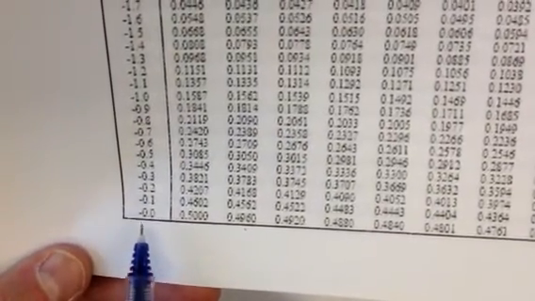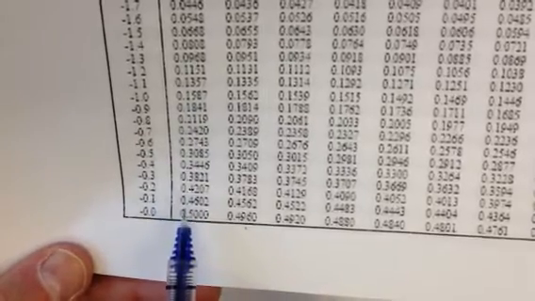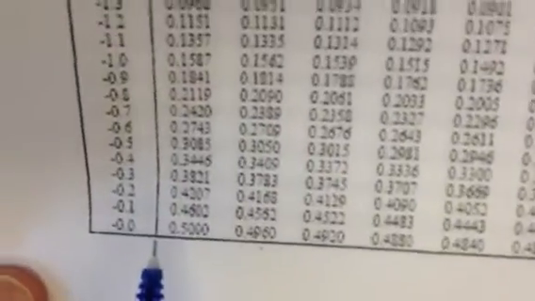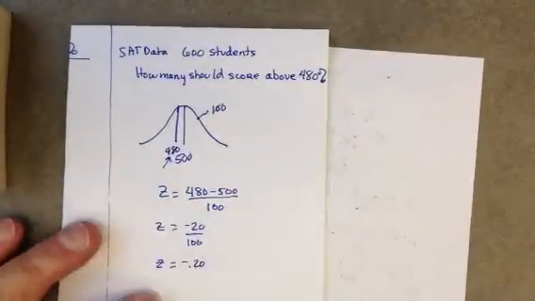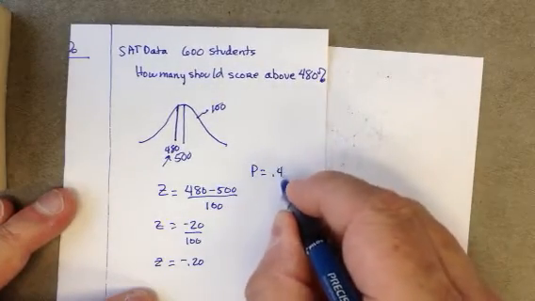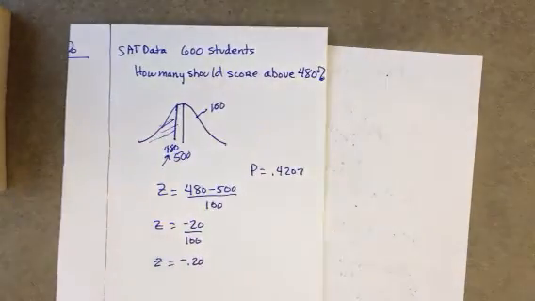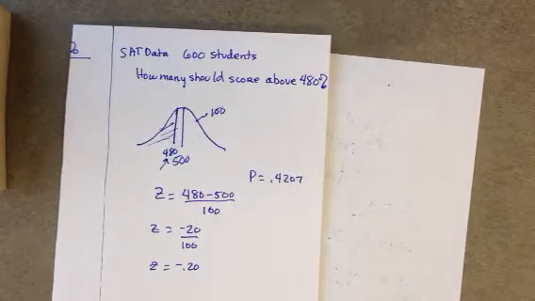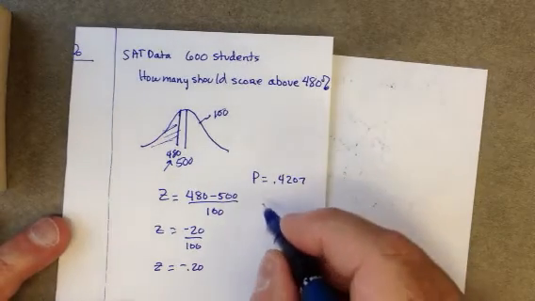So 0.0 is here, 0.1 is here, 0.20 is right here. So the number I get, if I look real carefully, is 0.4207. That is the percentage of the graph that's to the left of this point, which is a nice number, but it's not what we're looking for. We're actually looking for the percentage to the right, the number of people to the right.